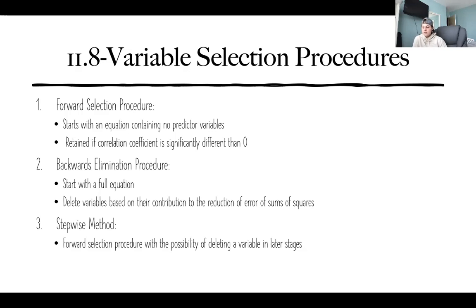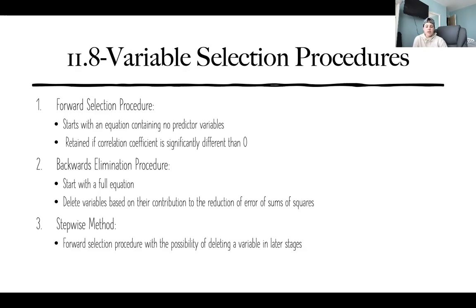This is equivalent to deleting the variable with the smallest value from our t-test. If all the t-tests are significant, then all the variables are retained. The procedure is complete when all the t-tests are significant or all the variables have been deleted.